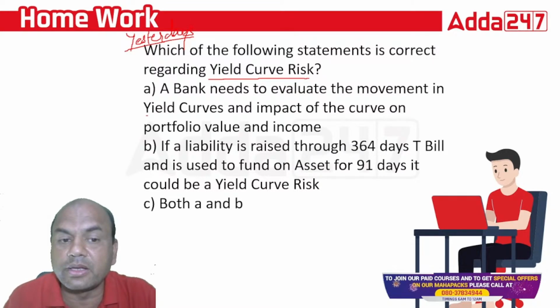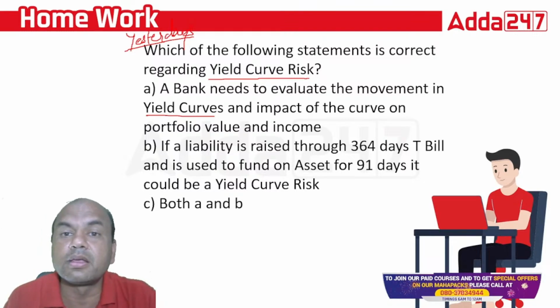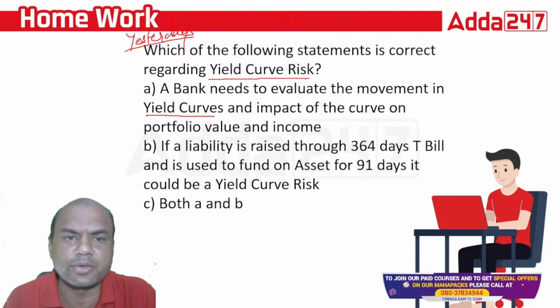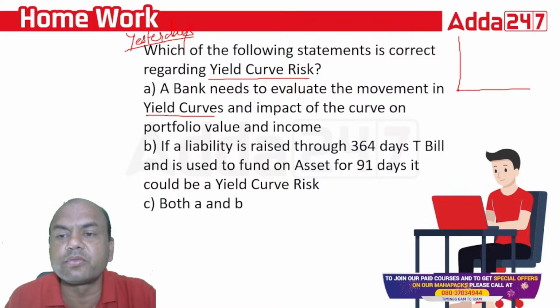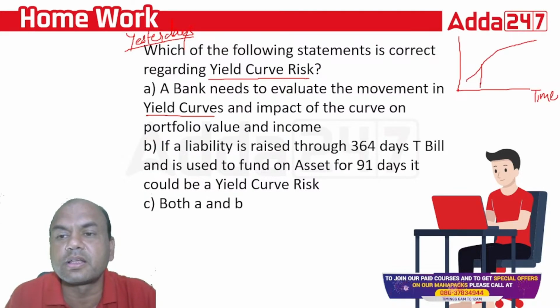What do you mean by yield curve first? Yield means returns versus my investment. Keep it very simple. When I plot the various yields for various maturities, with time on the x-axis, I get a curve, and this curve is known as the yield curve.